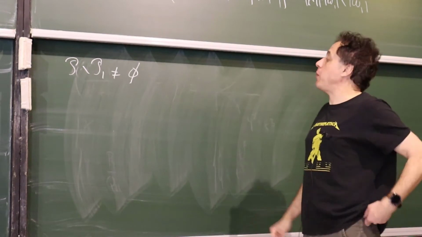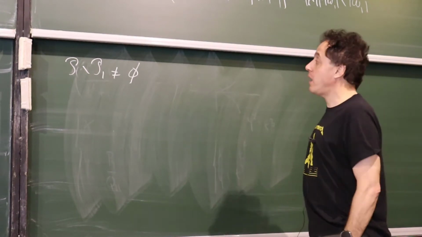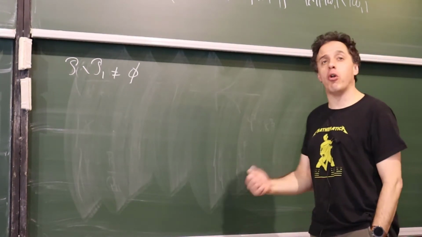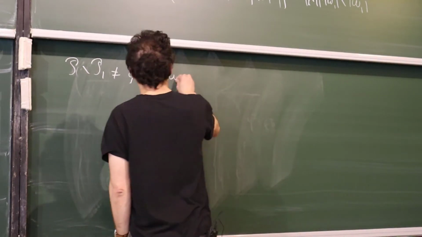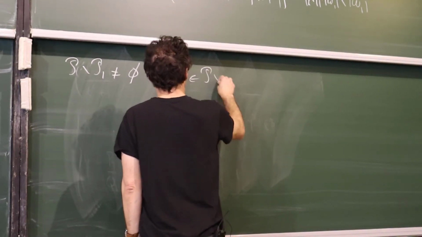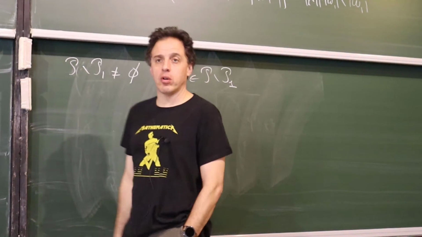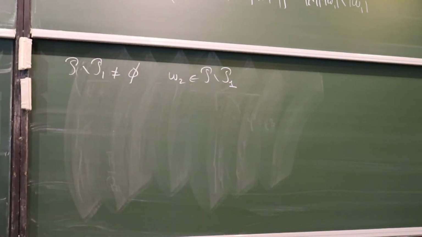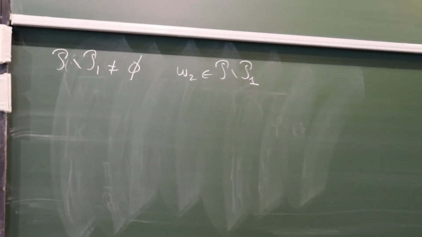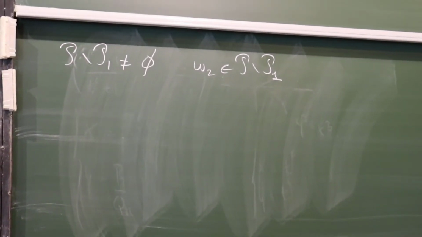Take an element of P minus P1 of smallest possible modulus. It is an element which is not on the same real line as omega 1, and which has the smallest possible modulus.